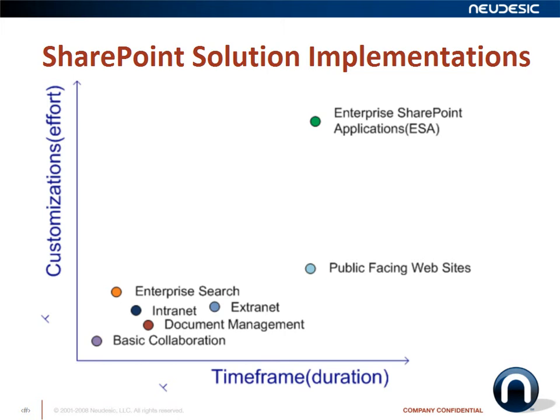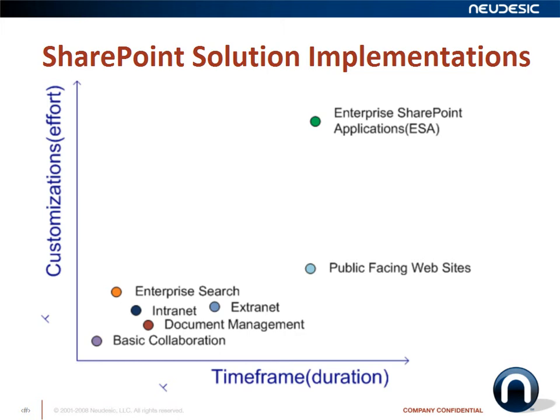So you can see that the level of customization goes up significantly, meaning you're very far from out-of-the-box capability, and your duration goes up. Now, this is to say that these enterprise SharePoint apps are being developed in a professional manner, meeting the requirements of what's known as enterprise software architecture that we'll drill into in a minute. So that's why these go up.